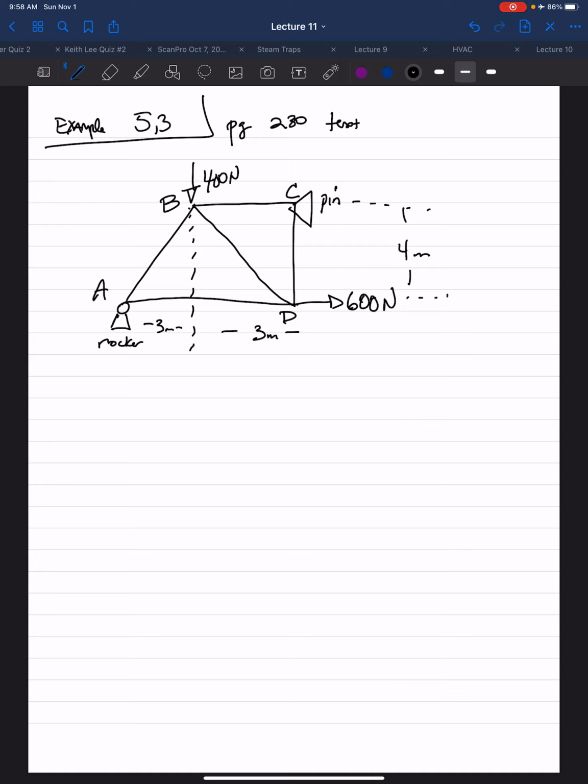So how do we solve this problem? Well, let's start with an overall free body diagram of the entire truss, including support reactions, to break down some of those unknowns. So let's redraw a free body diagram now, considering that.